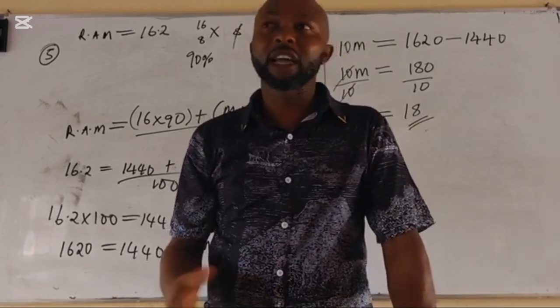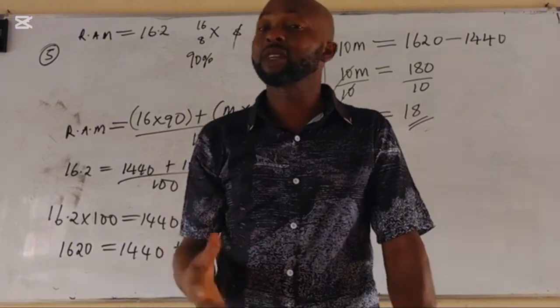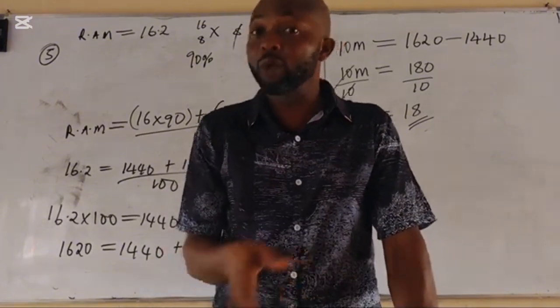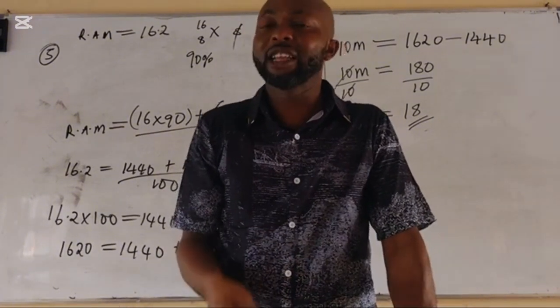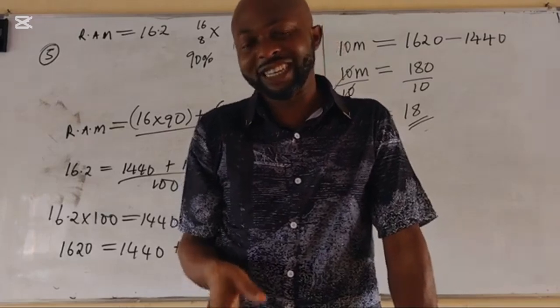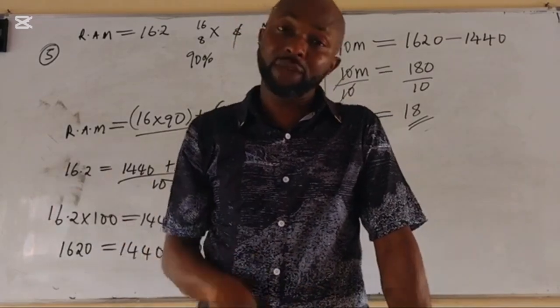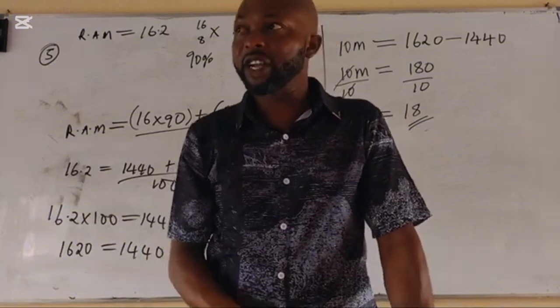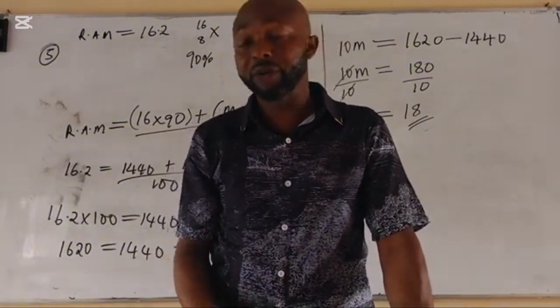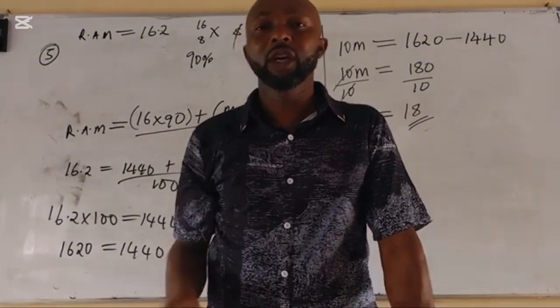So as time goes on, I'll continue to bring in some essential topics in mathematics which will be a guiding line for us to excel in chemistry. The change of subject of formula, for those of us who may not be very active in it, I will bring up sometime in future.